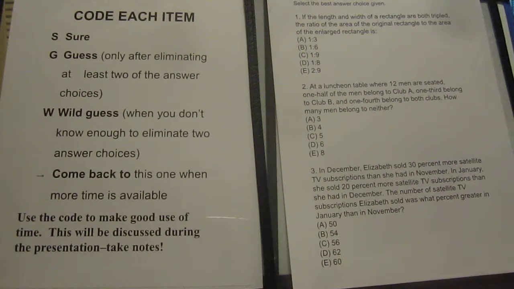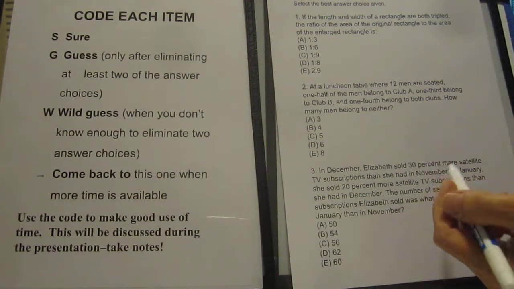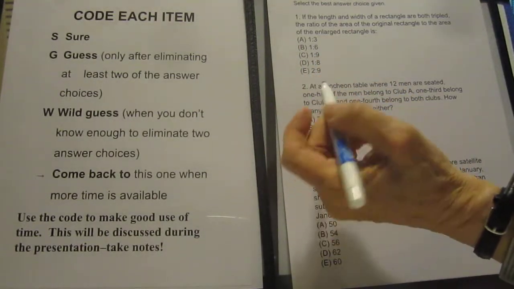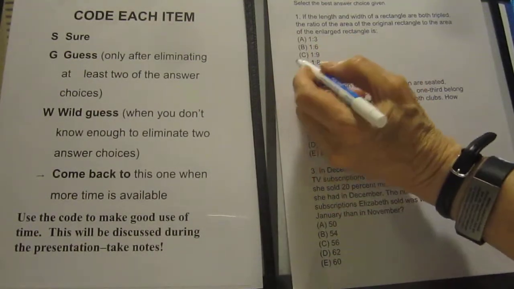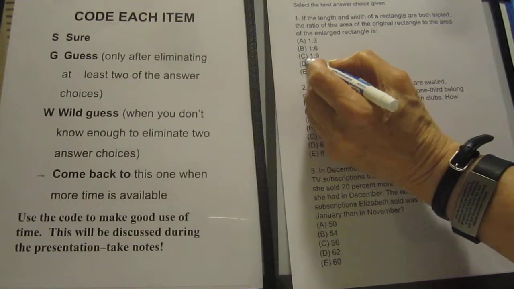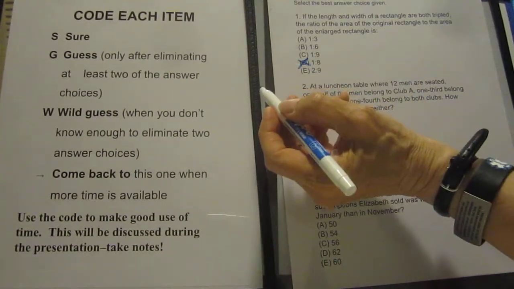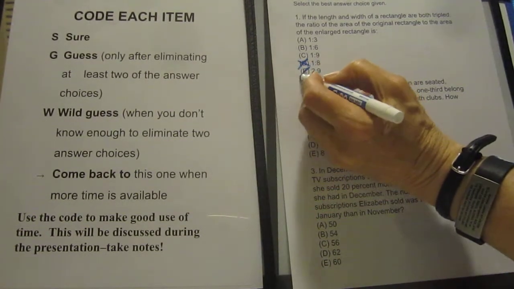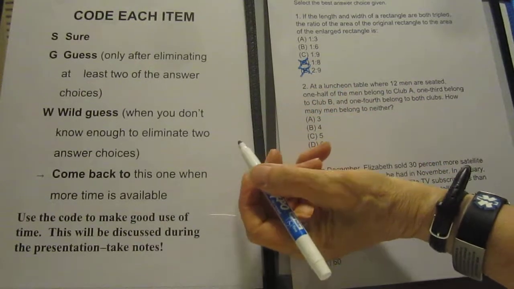If you recall, you're supposed to be marking your answers on the test, marking out the answers that you're eliminating if you're guessing. So let's just pretend that that's what's going on this page over here. And let's say that for number 1, I eliminated answer choices D and E. I can't tell you why, we're just pretending.